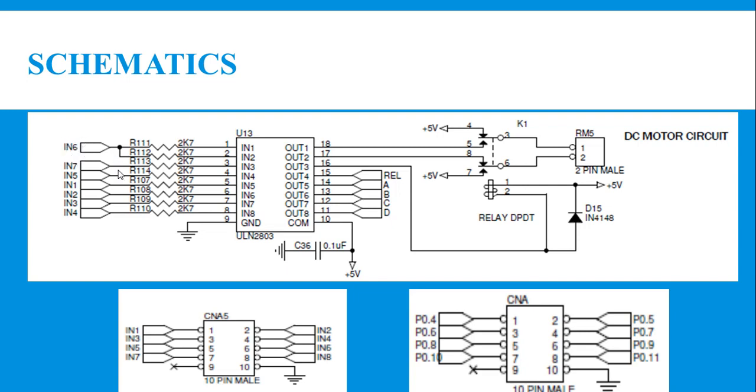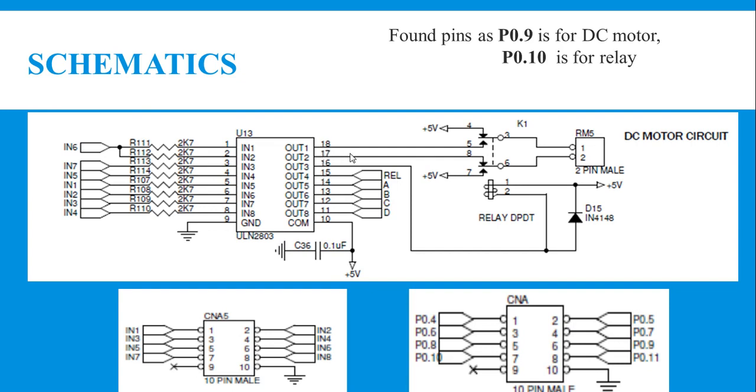This IN6 terminal in connector A5 corresponds to the 6th pin. At the microcontroller side, the 6th pin of connector A corresponds to the 9th pin of port 0. The 9th pin of port 0 is used to create a ground path for the DC motor at the driver side.